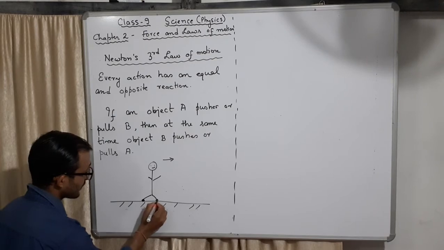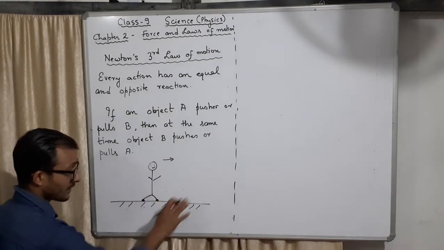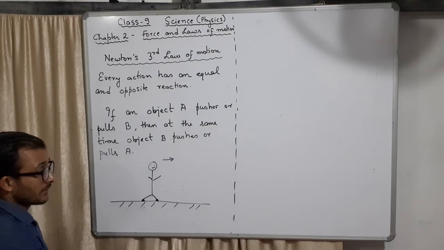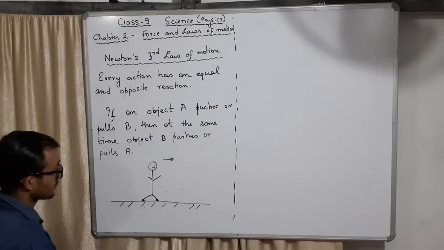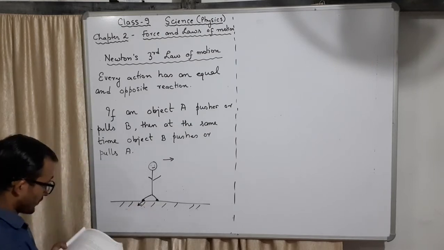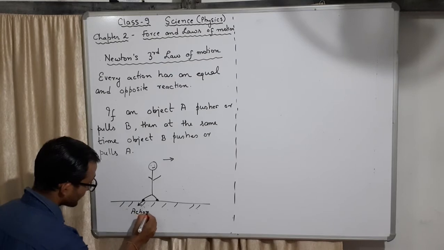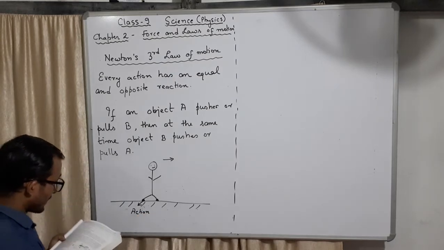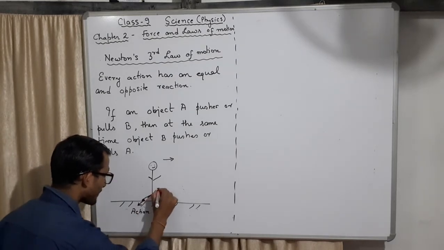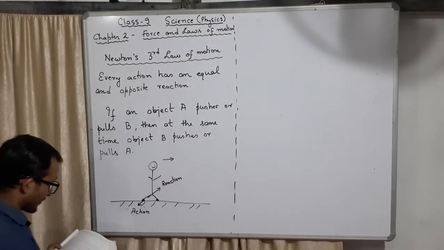Whenever he is moving in this direction, he is applying force in this direction. This is called action. In the same way, there is a reaction in this direction. Action and reaction: can you see the opposite direction of this?